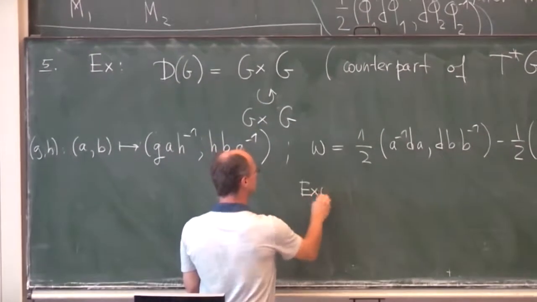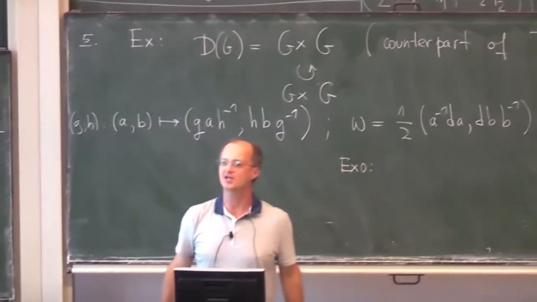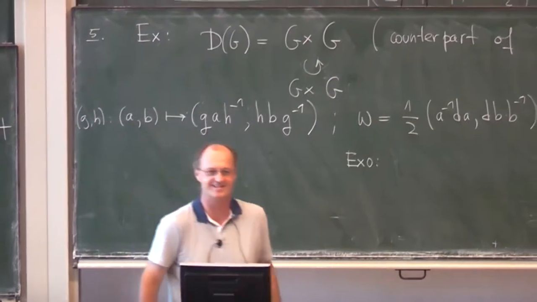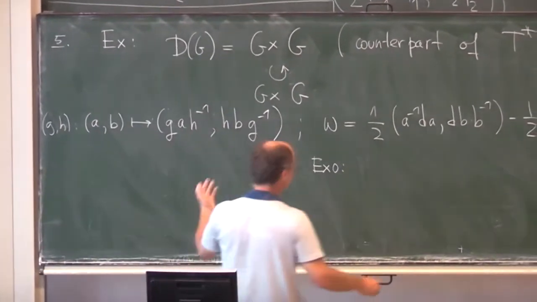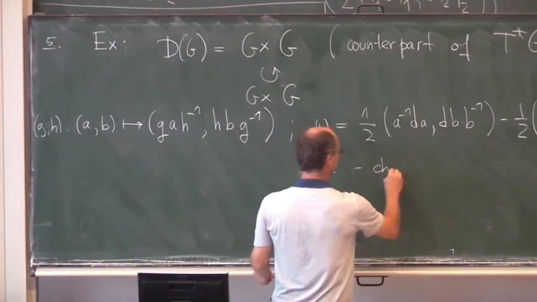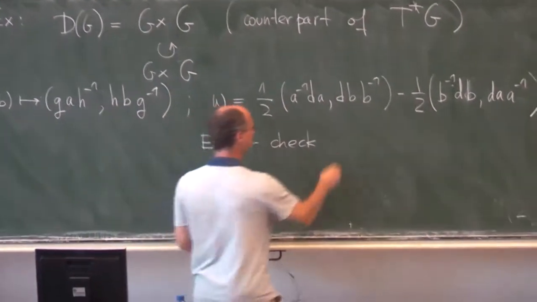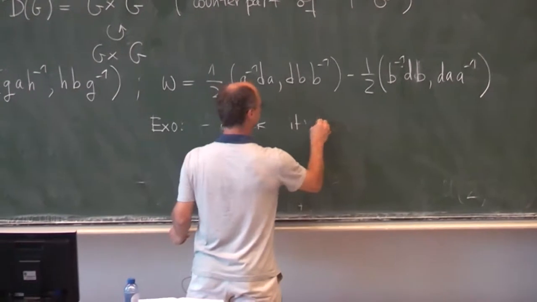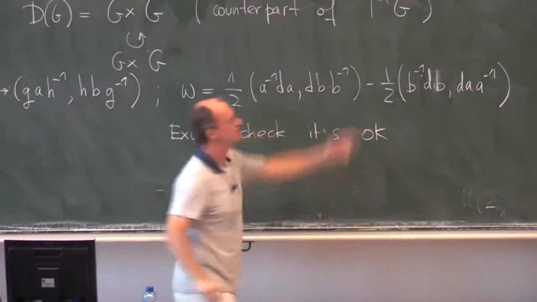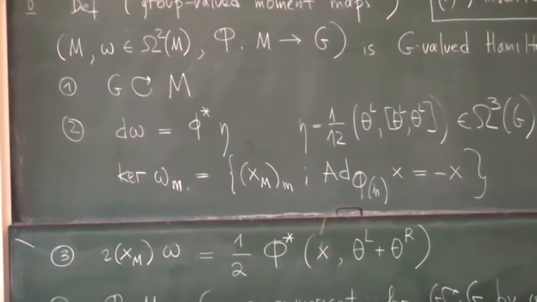I guess I'm not allowed to give exercises, right? Because that's the last lecture. Still. So several things. Check that it's okay, meaning that it satisfies the properties announced in the definition.